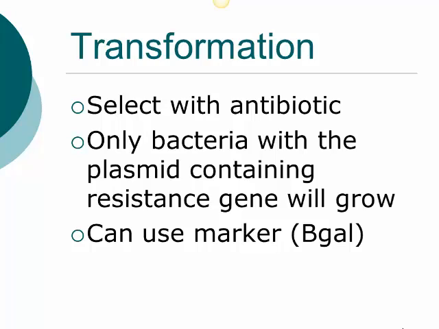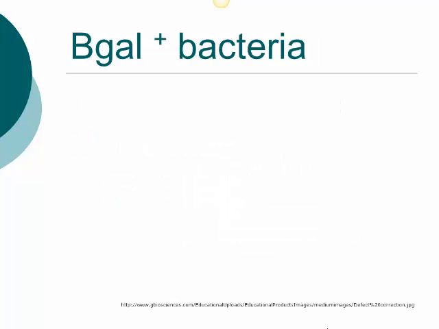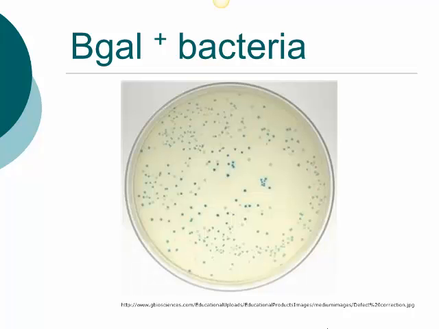That would be that pGAL plasmid that class worked with. You can use the pGLO as well. And those are called marker genes, and allow you to follow your plasmid because of the expression of the gene. And this is a picture of beta-gal positive bacteria. All the blue colonies are positive.